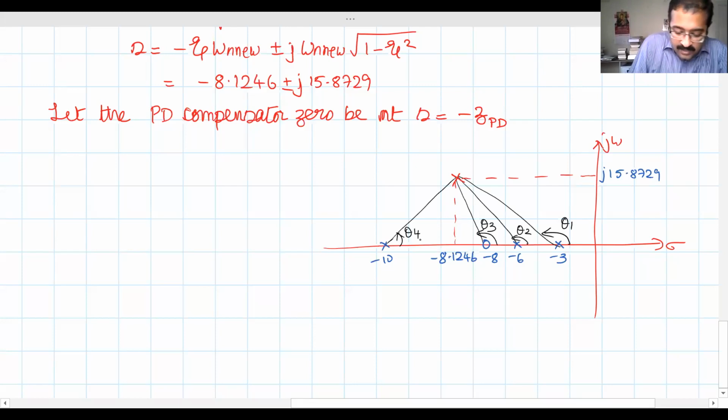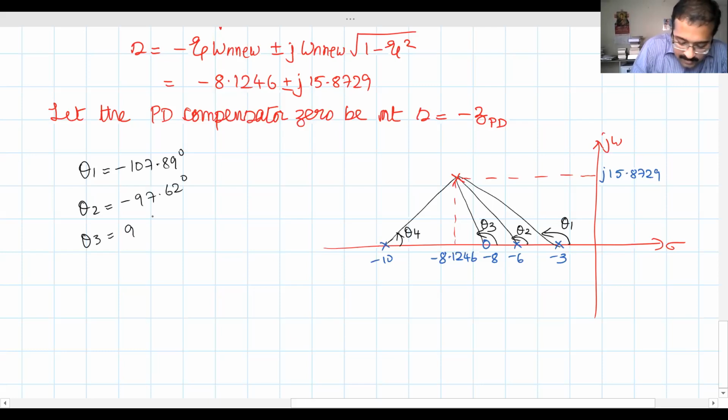So if you calculate, you will get theta 1 as minus 107.89 degree. Theta 2 will be minus 97.62. Theta 3 will be plus 90.44. Why plus 90.44? Because it corresponds to angle due to a zero. Okay, and zeros will always give leading angles or positive angles. And finally, what is theta 4? Minus 83.26 degree.